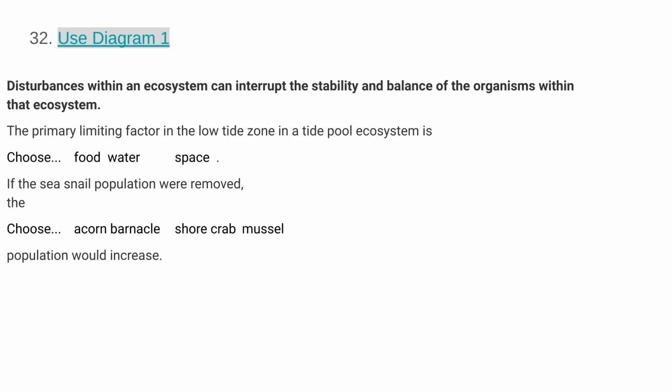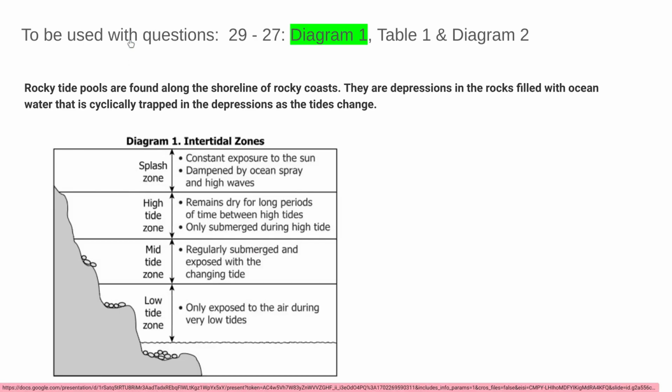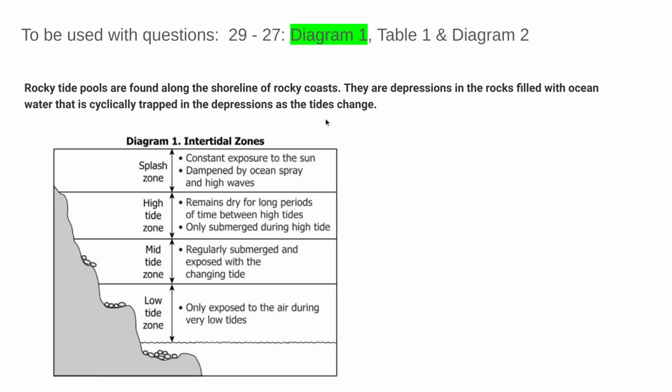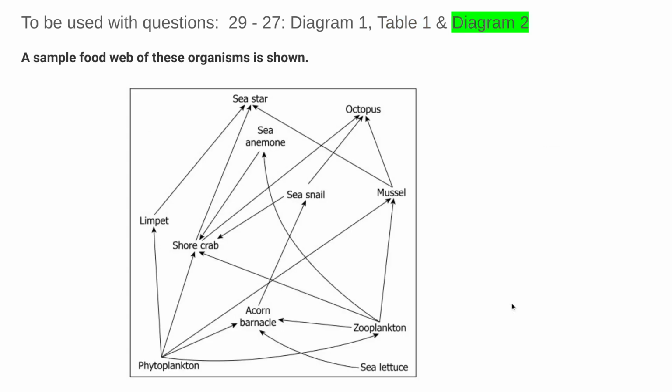If the sea snail population were removed, then the acorn barnacle, shore crab, or mussel population would increase. So let me go back to diagram 2. If the sea snail population were removed, then which population would increase?